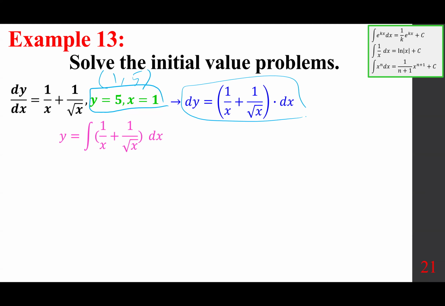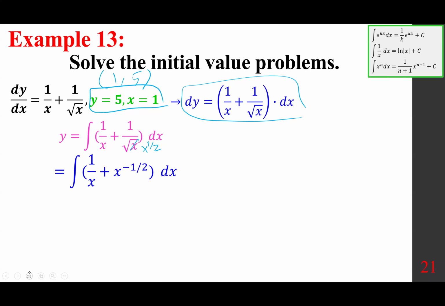So y is the integral of 1 over x plus 1 over square root of x dx. And we know how to handle this by rewriting 1 over square root of x. This is x to the power 1/2, comes up, becomes negative.